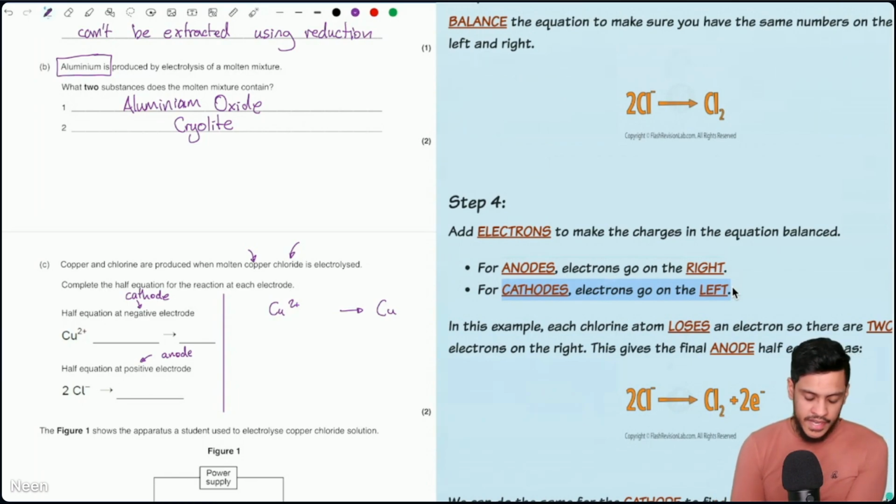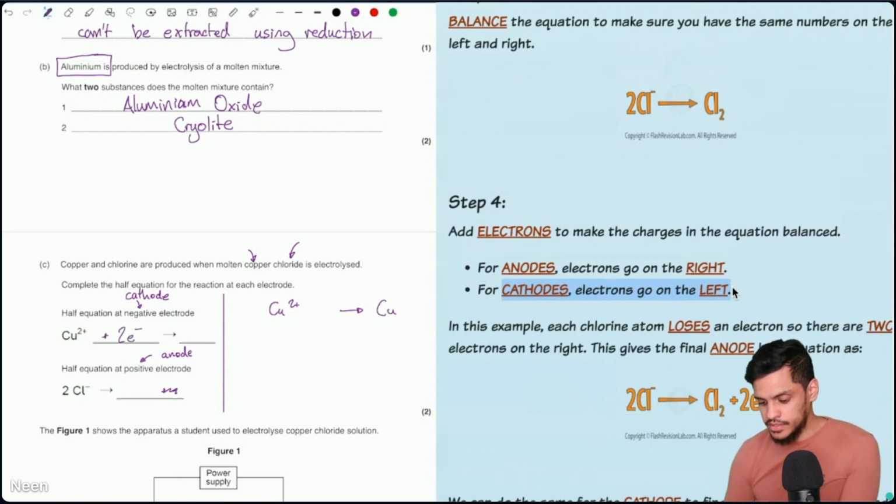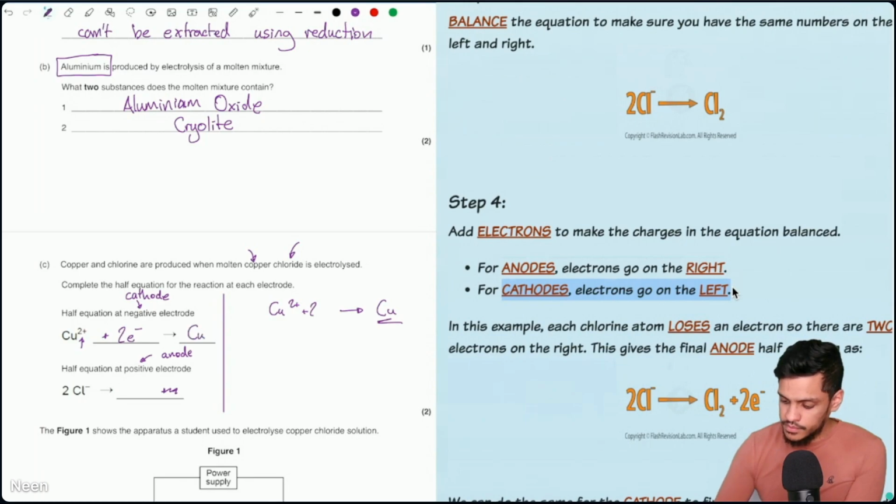So for anodes, we need to put a plus e minus on the right. We'll come back to that in a second. We're doing the cathode right now. For cathodes it goes on the left, so we need to put plus 2e minus. The reason you need plus 2e minus is because this is 2 plus, and you want to balance that. And on the right, we had the copper, so we put a Cu there.